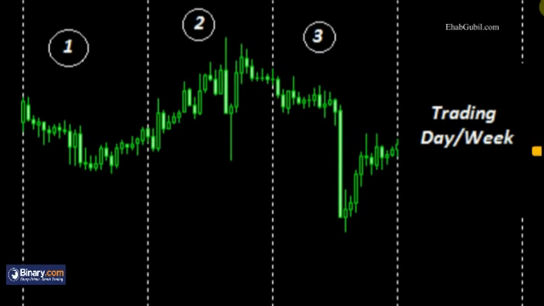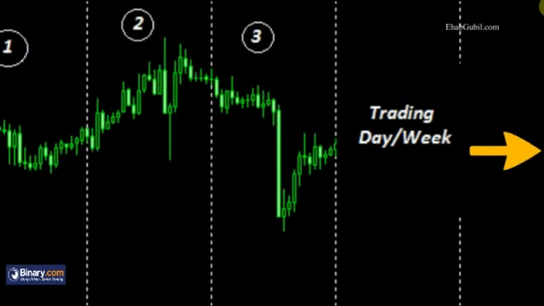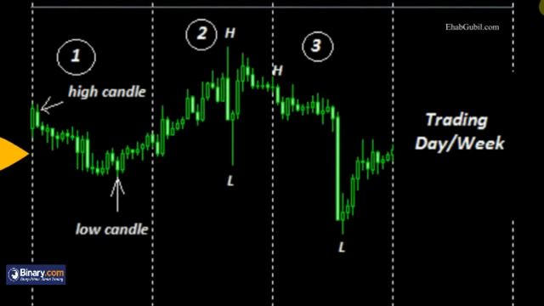We could write the number of the time zone starting from the left: 1, 2, 3. We will always look for the high low of the candlestick at these time zones that we will use to do our PF.